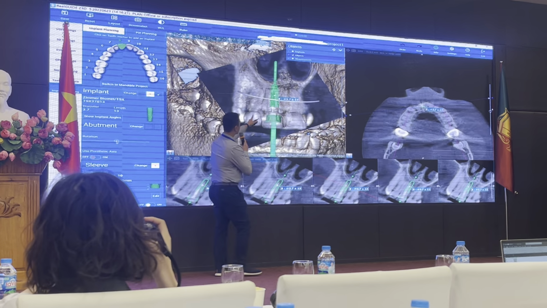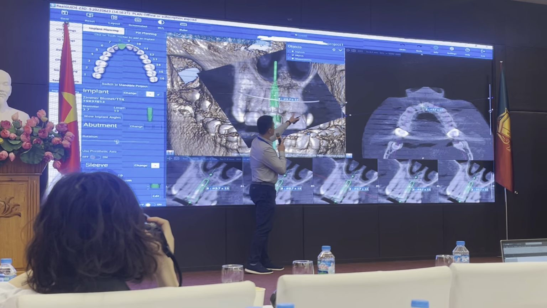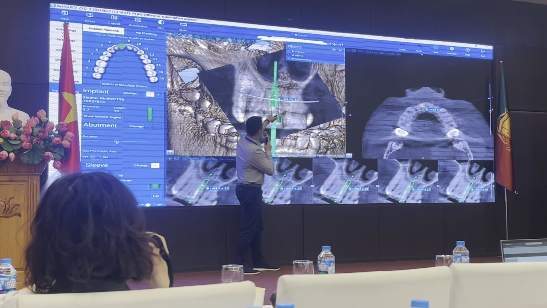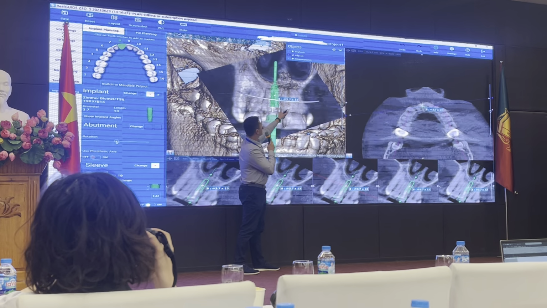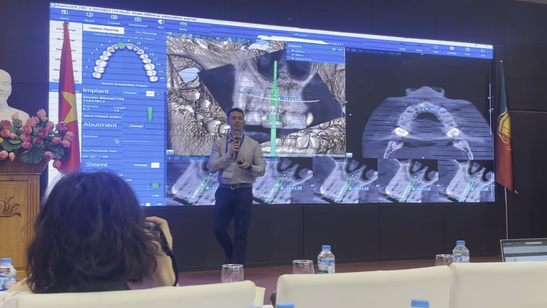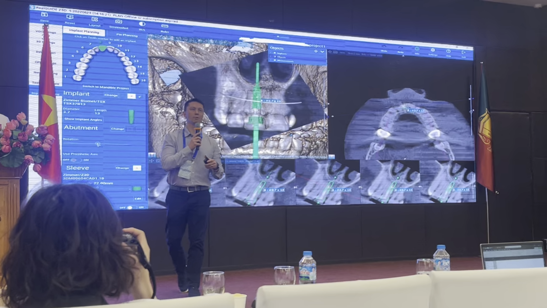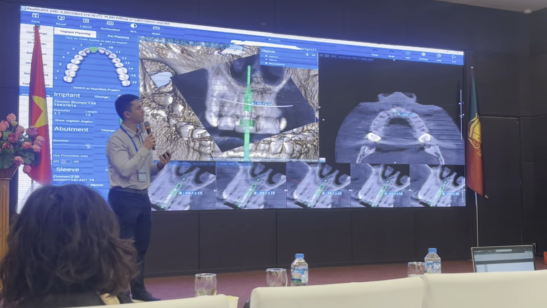You can measure 3 millimeters apical, and that is considered a safe position to place the platform, or the top part of the implant.